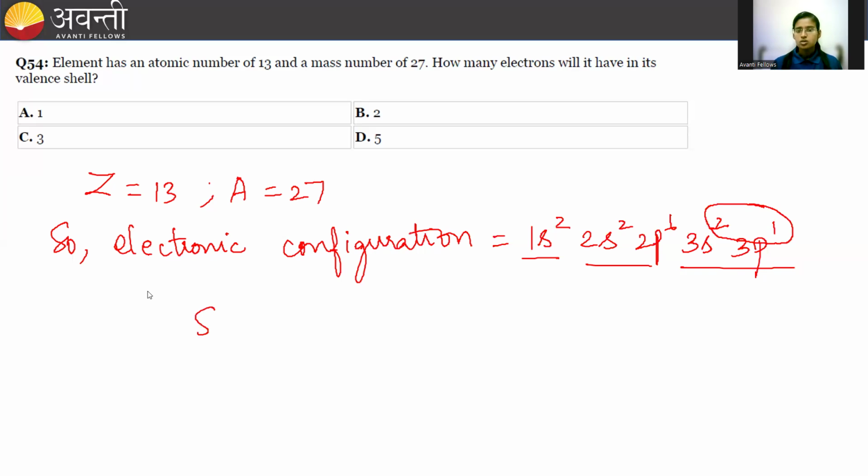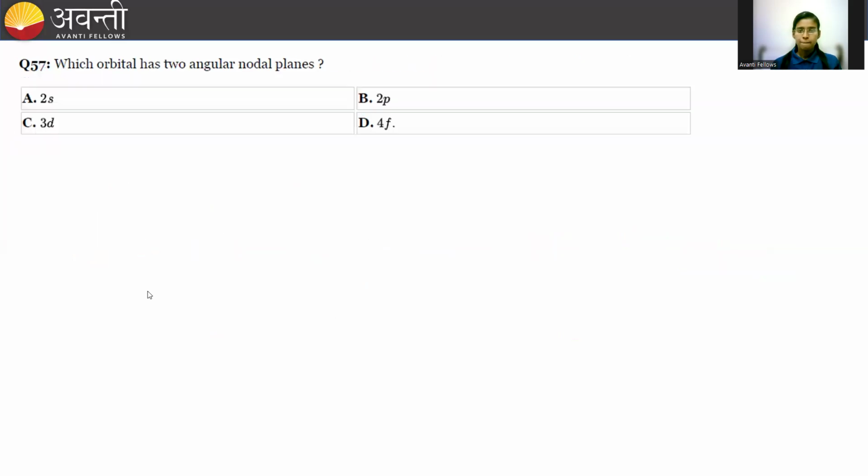Got it? So the valence electrons in this atom is equal to 3. So option C is the correct answer for this. Got it? So the number of electrons present in outermost shell or valence shell is 3. Got it? So coming to next question.